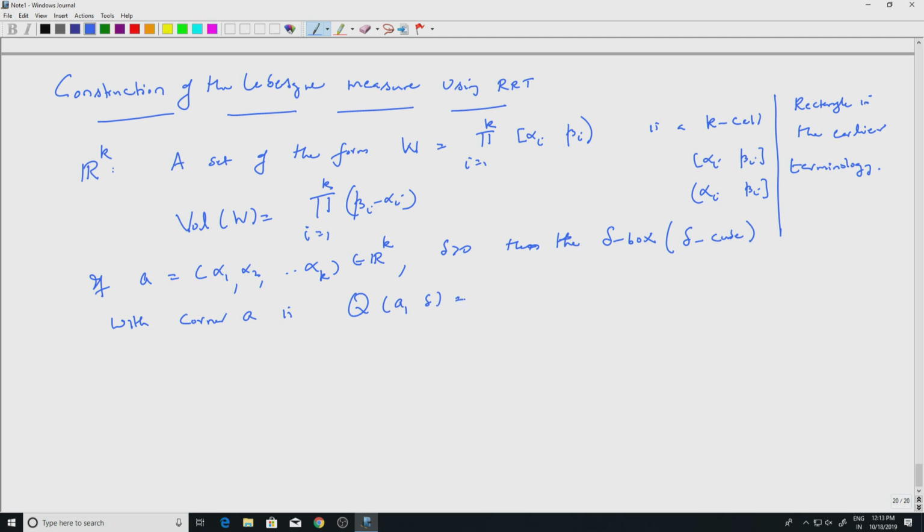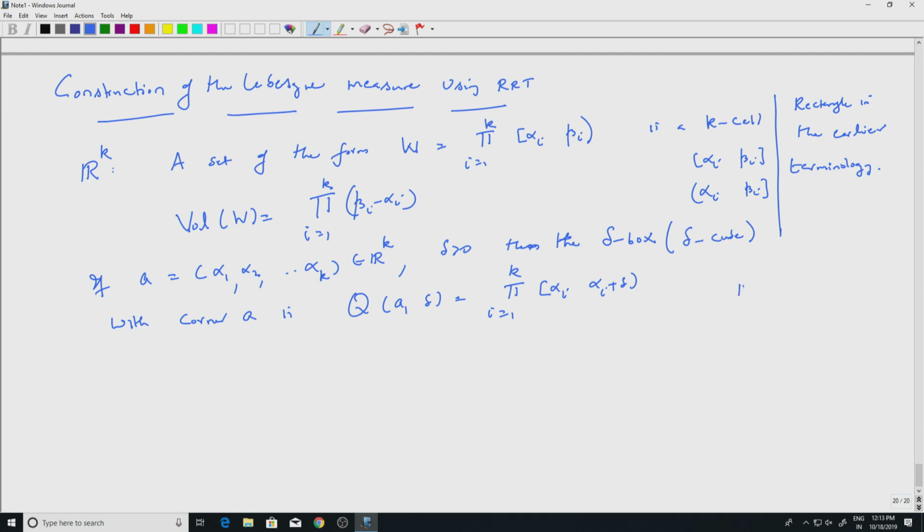So, this is simply the product, i equal to 1 to k, because we are in Rk, so there are k intervals, from alpha_i to alpha_i plus delta. So, this is a cube with side length delta, and the left-hand bottom corner is A. That is what is meant by this.